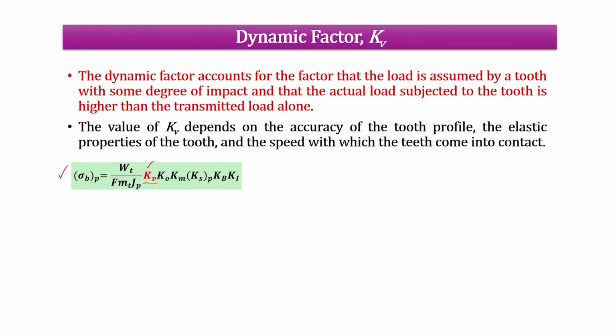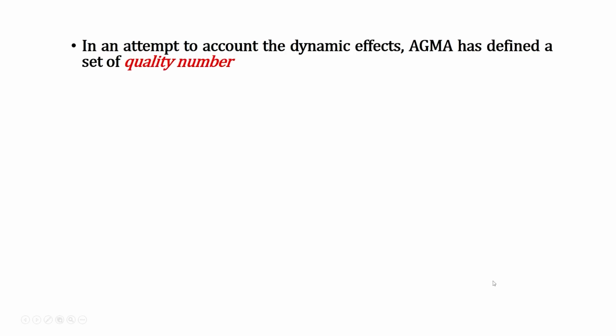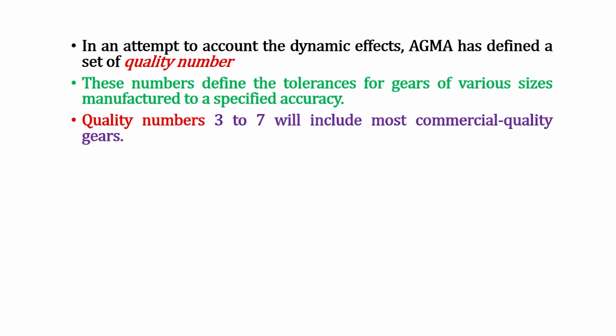So, the static case is not there, and so we have to take into consideration the velocity factor or the dynamic factor. The value of Kv depends on the accuracy of the tooth profile, the elastic properties of the tooth, and the speed with which the tooth comes into contact. It may be obtained from these formulas, but we are going to use the AGMA procedure, which is based on quality number. These numbers define the tolerances for gears of various sizes manufactured to a specified accuracy.